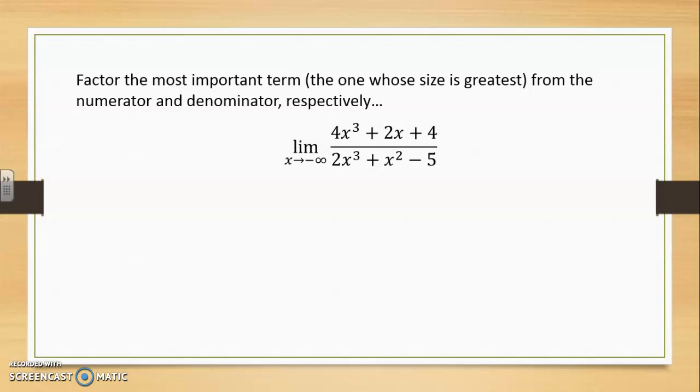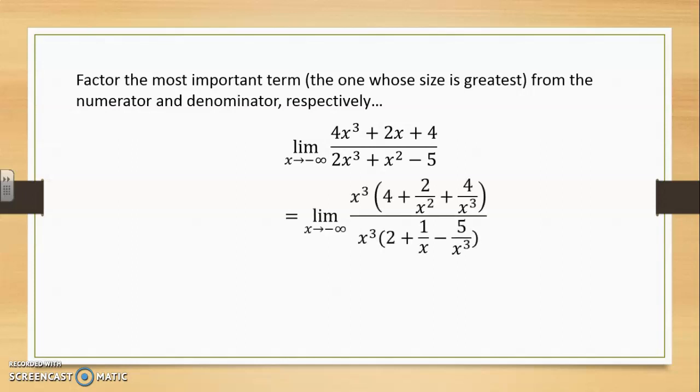This strategy is also applicable in the situation where we are heading towards minus infinity. So this is the same rational expression that we had earlier, but now we're going to head in the other direction. X cubed is still the term whose size is biggest when we head towards the extreme left-hand side. And that's also true at the denominator.